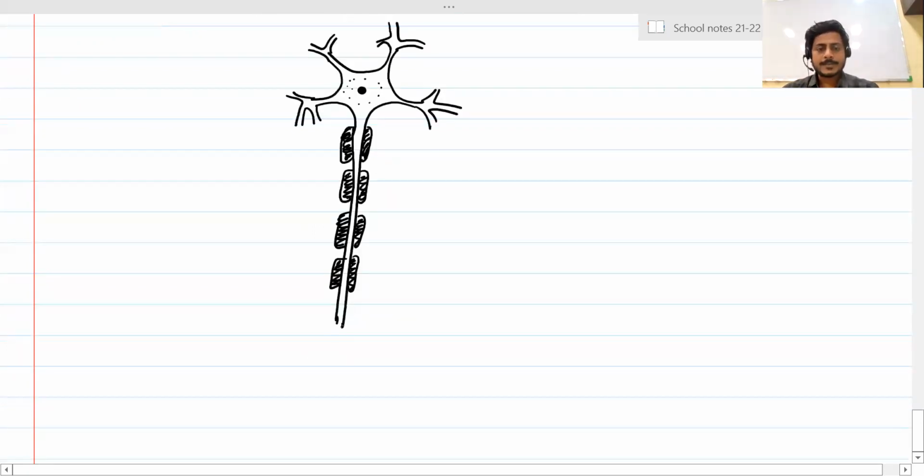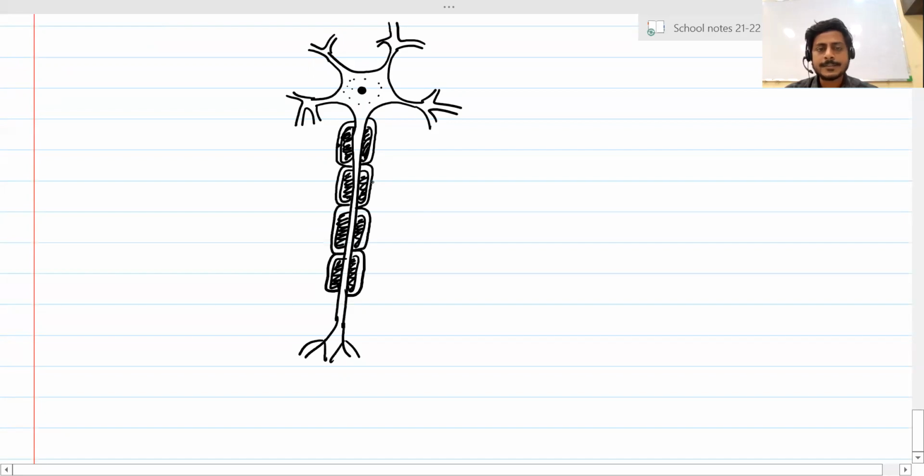Then you can draw the axon endings. You can draw the neurolemma. Draw it continuous. Between the neurolemma and the myelin sheath, you will draw the nucleus.